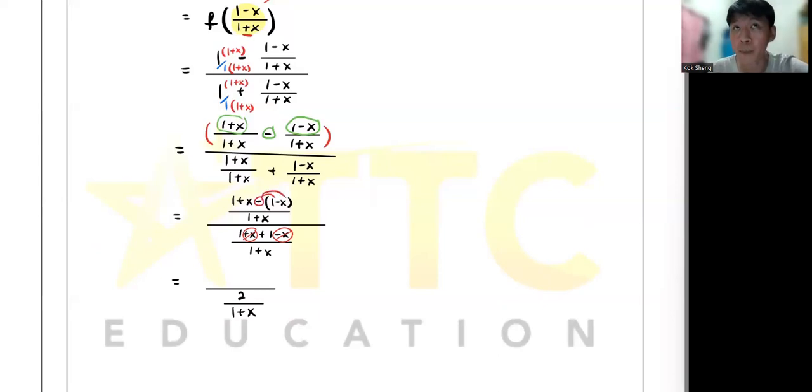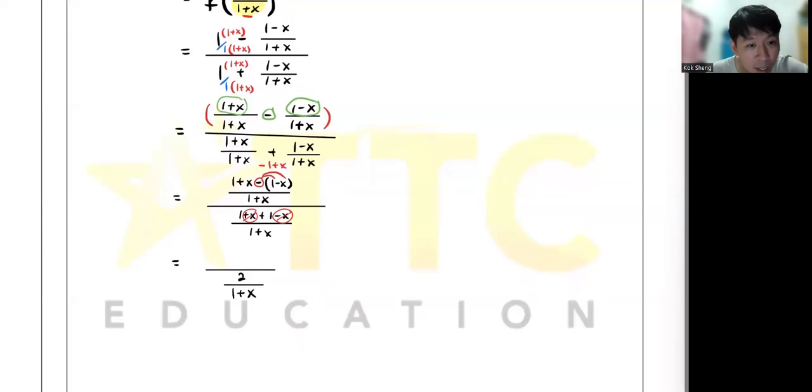So after you expand, you get -1 plus x. -1 plus x after expand. You can see my writing. So therefore, these two you can cut already. 1 minus 1 becomes 0. So you only have x plus x left.